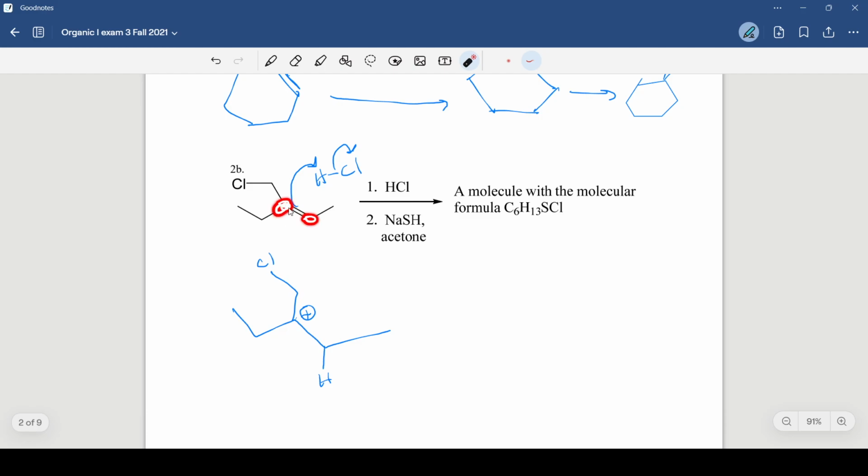So one of the carbons is going to have the carbocation, and the other one's going to have the hydrogen. Okay. So now we're going to get the Cl minus. We're going to have it attack right there.